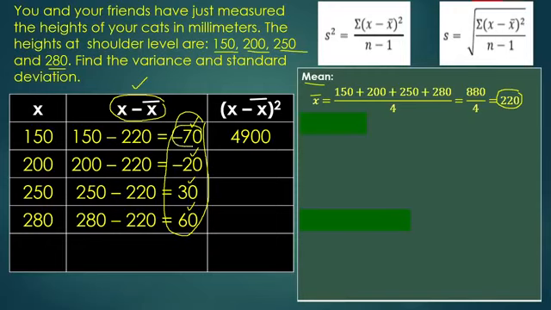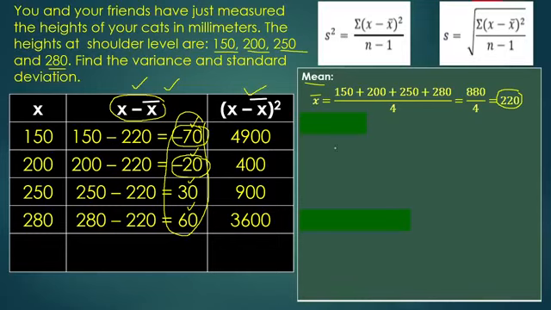Negative 70 times negative 70 will give us 4,900. What about negative 20 squared? 400. That's negative 20 times negative 20. What about 30 squared? 30 times 30, that's 900. What about 60 squared? That's 60 times 60, 3,600. Now, is the second and the third column clear?